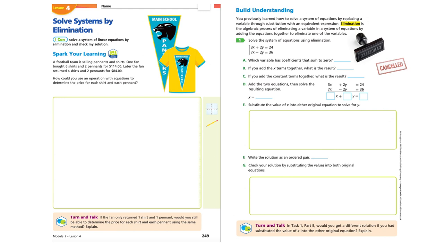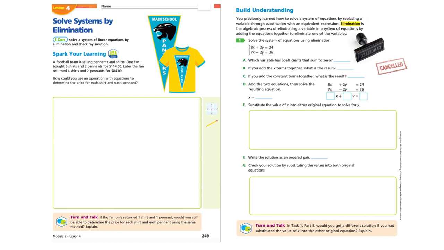It says solve the system of equations using elimination, and they're going to help you with that in all these steps. So here's your system: 3x plus 2y equals 24, and 7x minus 2y equals 36. They first want you to look at which variable, x or y, has coefficients that sum to 0.